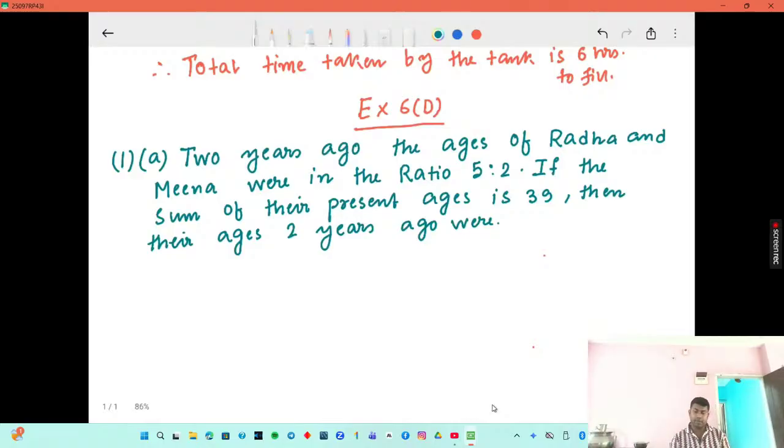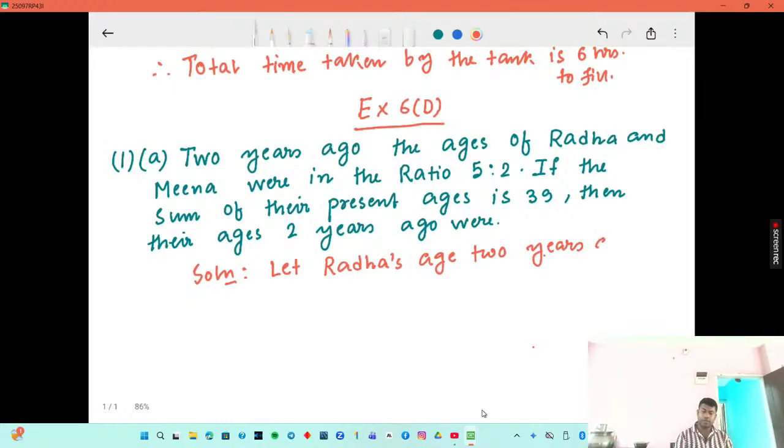So let Radha's age 2 years ago be, now I am jumping to the solution of this question. Solution: let Radha's age 2 years ago be 5x, as it is given that 2 years ago the ages of Radha and Meena were in the ratio of 5 is to 2.